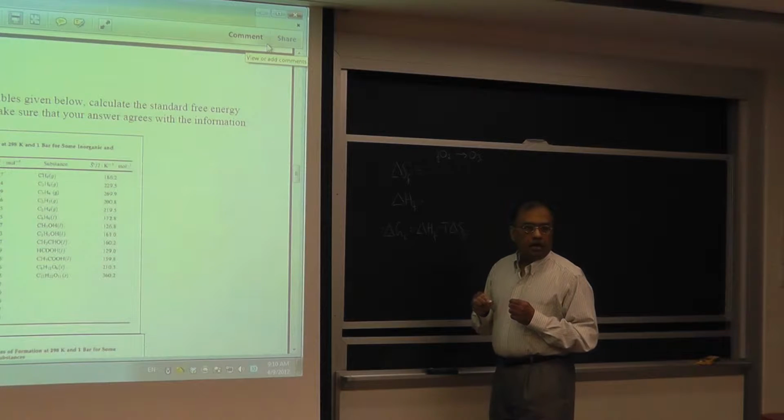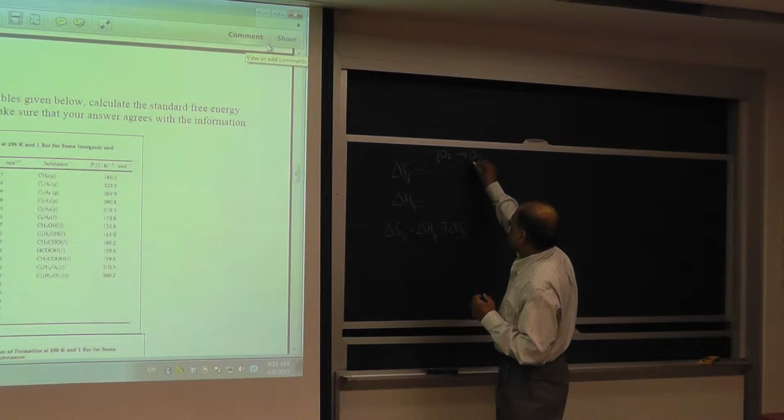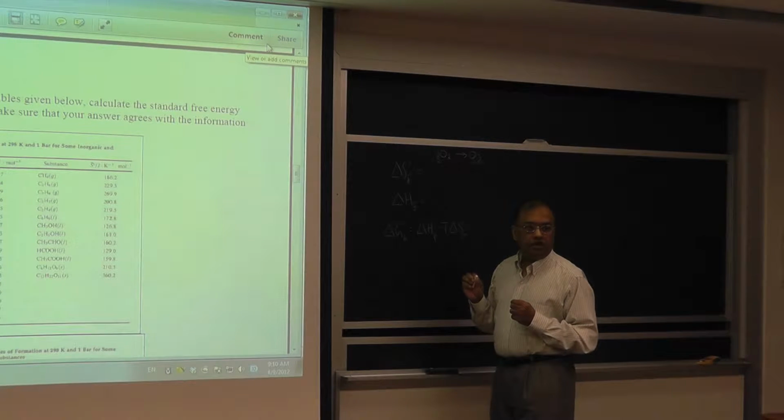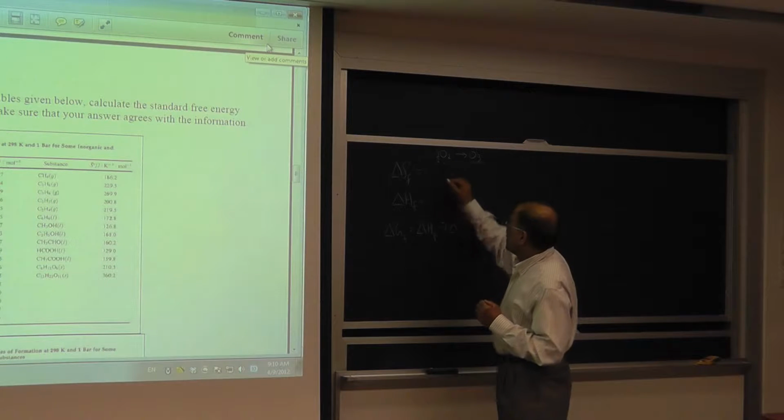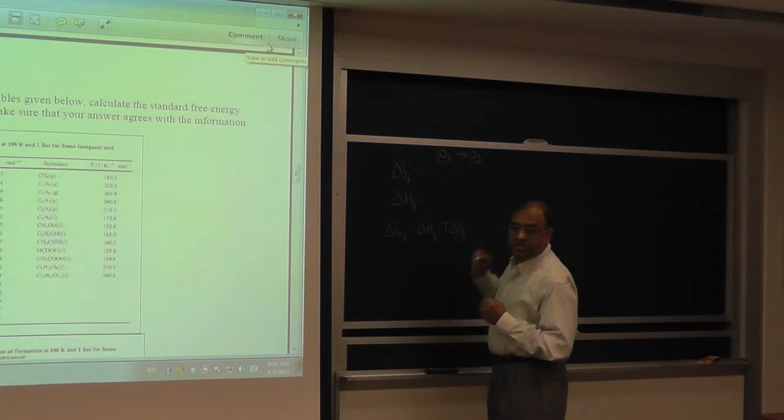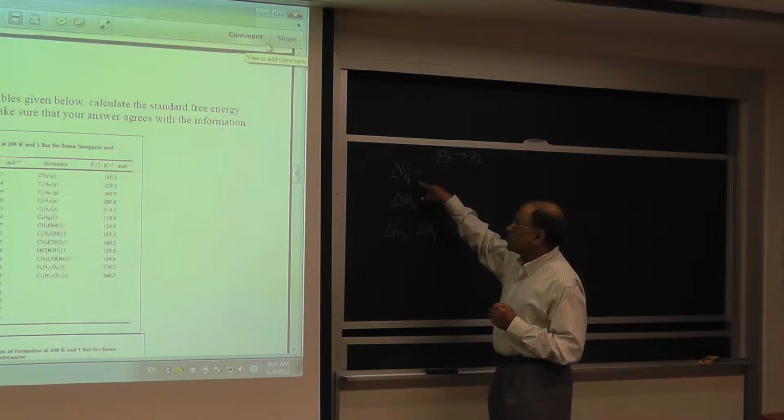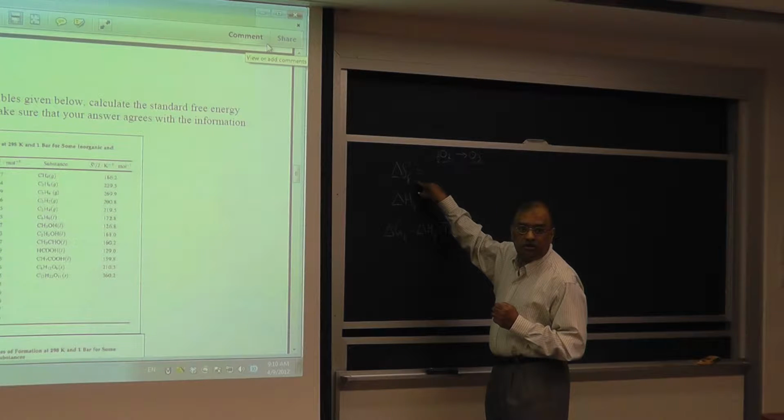Now, you're given the absolute entropy of ozone. You're given the absolute entropy of oxygen. So you should be able to calculate the entropy of formation of ozone.